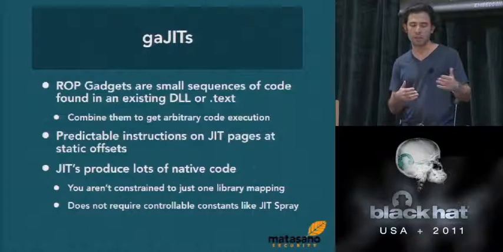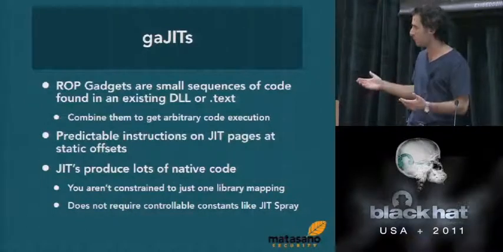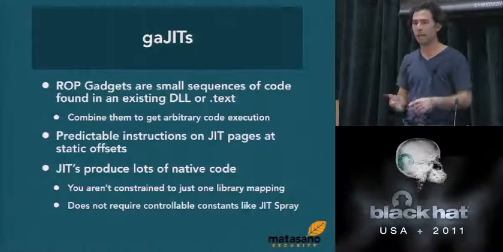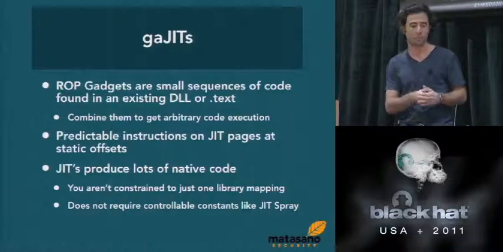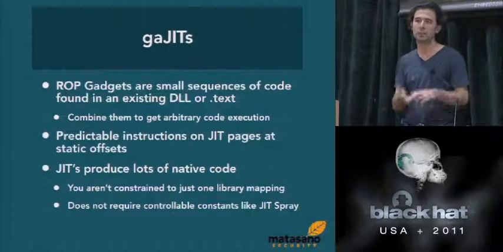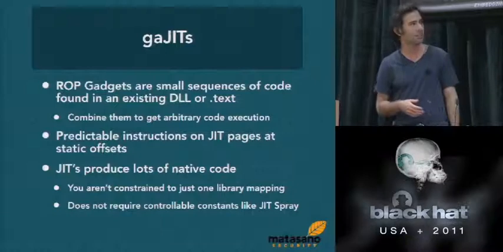But the JIT engine can already be spraying lots of code that's predictable, so you could just ROP off the code you just sprayed. We'll get to randomization and placement in a bit, but for the most part, you could have predictable offsets into gadget pages, and you can even make your own gadgets in the JIT pages, which we're referring to as gadgets with a JIT.